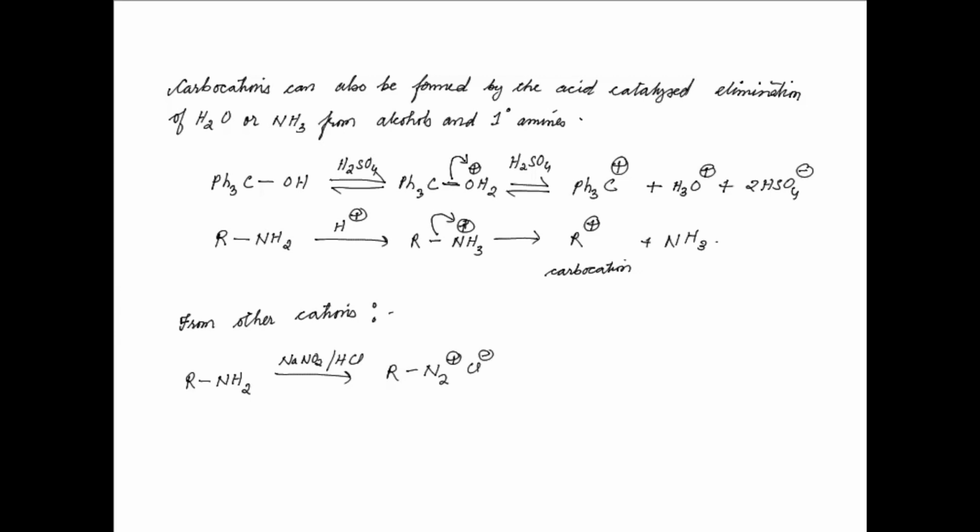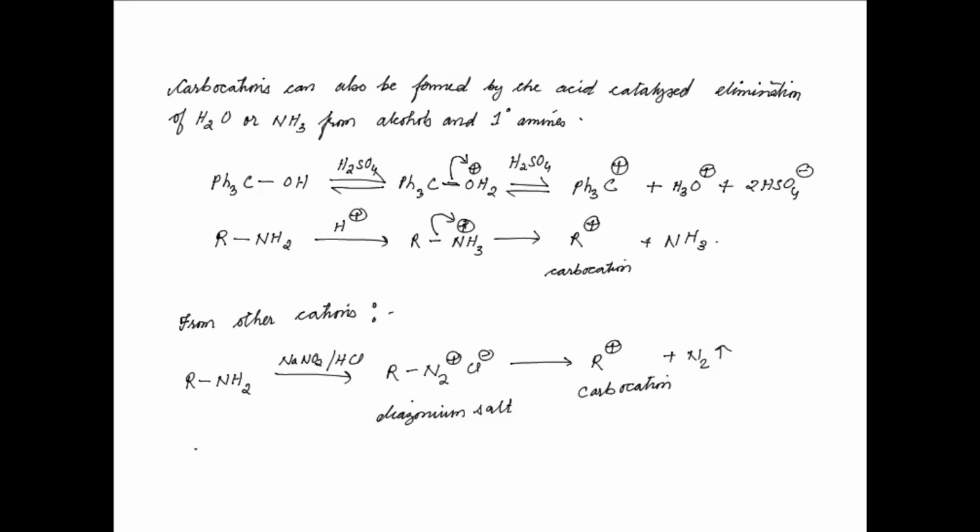This is your diazonium salt. This diazonium salt can then undergo loss of nitrogen to give you R plus, which is your carbocation, plus N2 gas. So this is how a carbocation can also be generated from the decomposition of other cations.